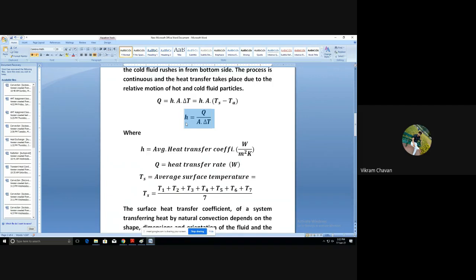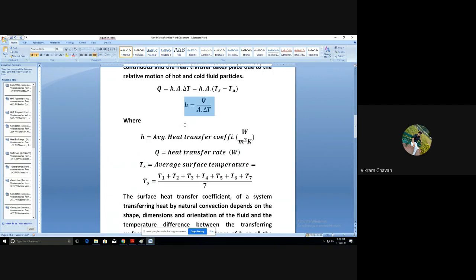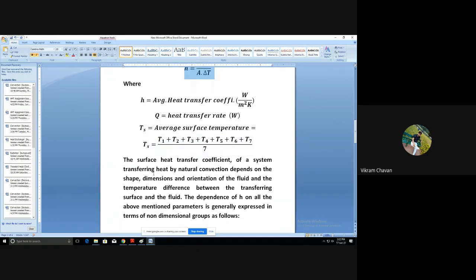Okay, so this is one method to calculate the heat transfer coefficient, but we know that the heat transfer coefficient is not a property of any substance, and it changes from situation to situation. It changes according to the surface dimensions, the orientation, the fluid condition, and fluid types.